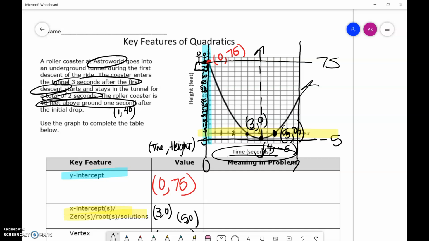So if my y-intercept is (0, 75), this will mean at 0 seconds, I am 75 feet in the air. We know that a y-intercept is always a starting value. So right here is where we started. We're getting in the ride, putting our seatbelts on.